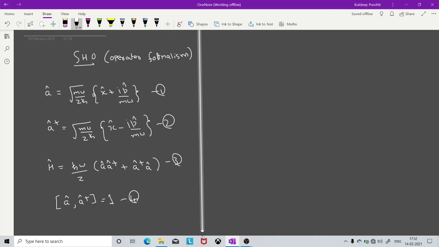So from expression number 4, since the commutator of a and a dagger is equal to 1, I can write a a dagger minus a dagger a is equal to 1.